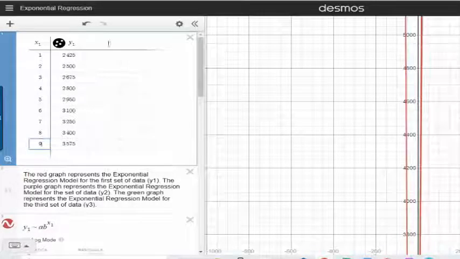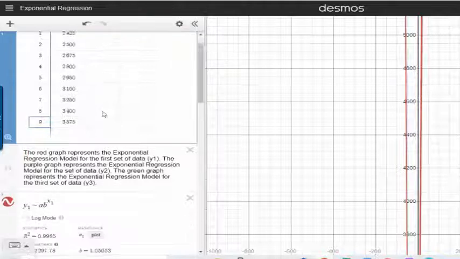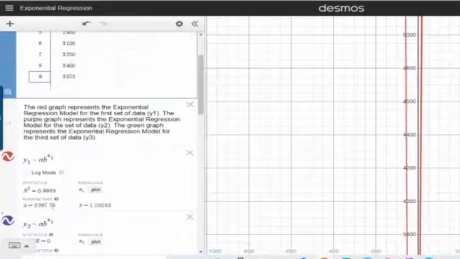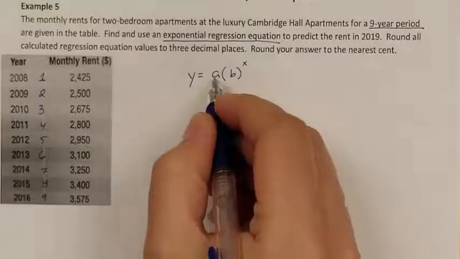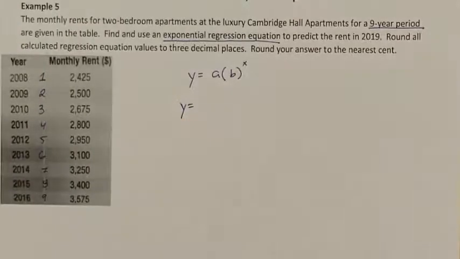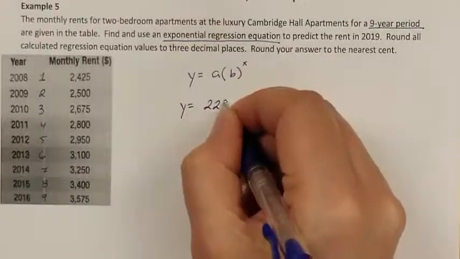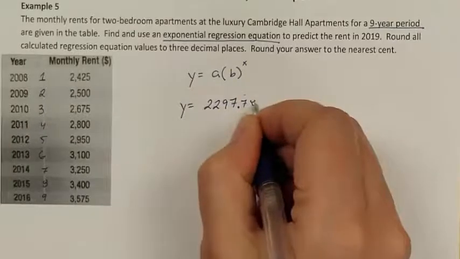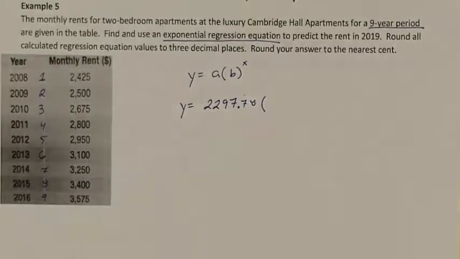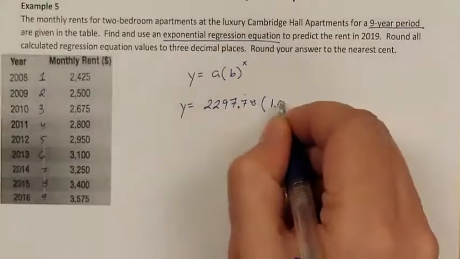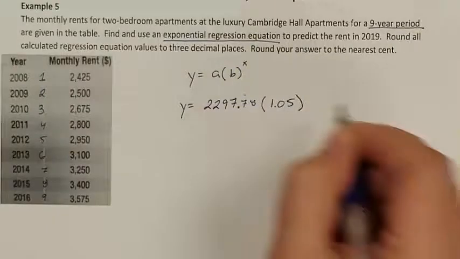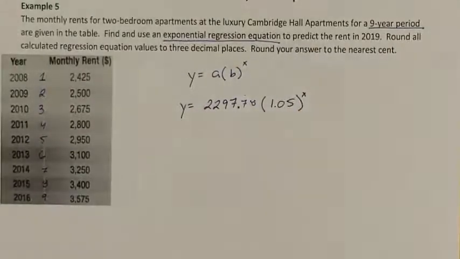On Desmos, I typed my table into the exponential regression function. Down here, I notice my A value and my B value. These are the A's and B's that I am going to use for my equation. According to Desmos, my initial value for A was 2297.78. My value for B is 1.05, and I'm supposed to raise it to the x exponent.